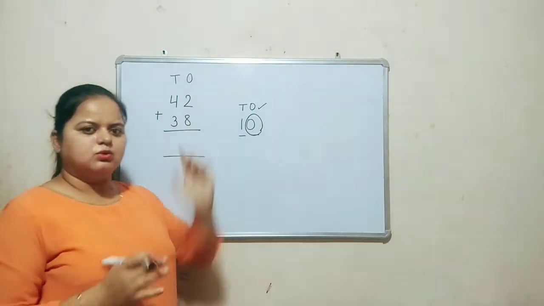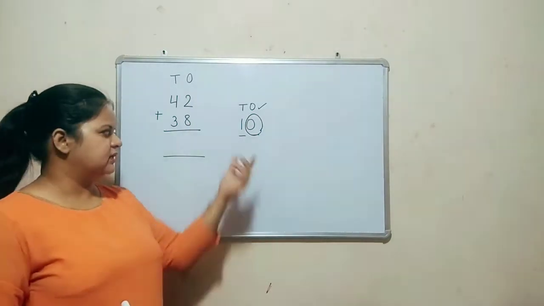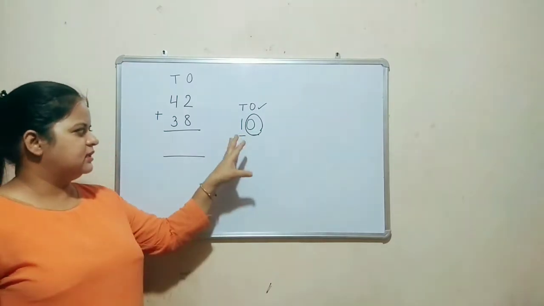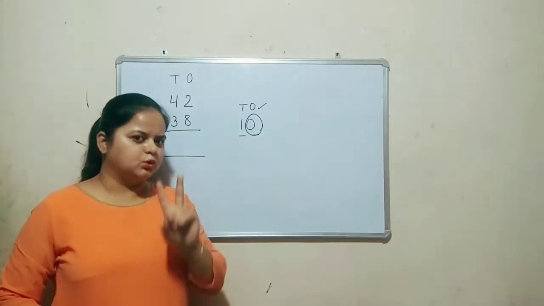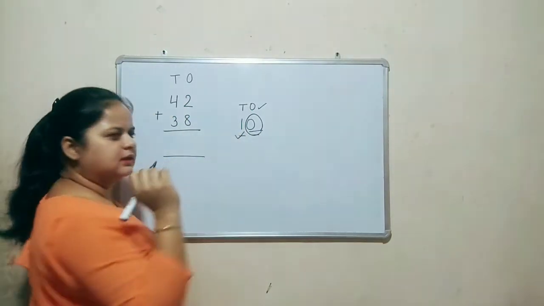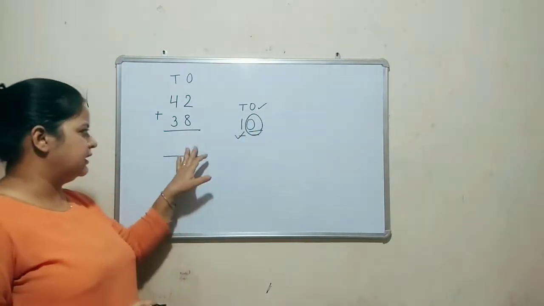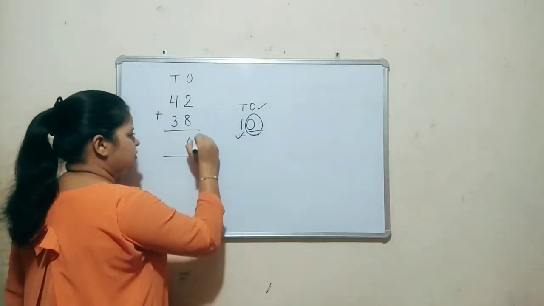8 and 2 को जब हमने ऐड किया तो what is the answer? Answer is 10. And in 10 here we have 2 digits. And this is ones and this is tens. Now we will write the ones digit here, 0.